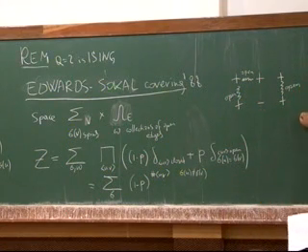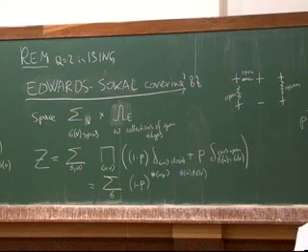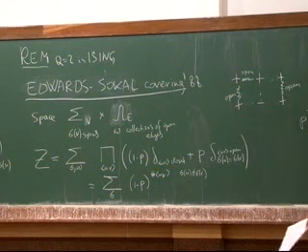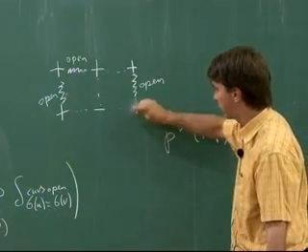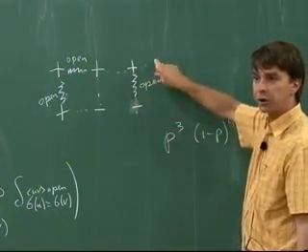So here the weight will be p to the power 3 open edges, and 1 minus p to the power, well, there is 1, 2, 3, 4. So essentially, every configuration has non-zero weight as long as we don't have an open edge connecting two opposite spins. This is what is not allowed.